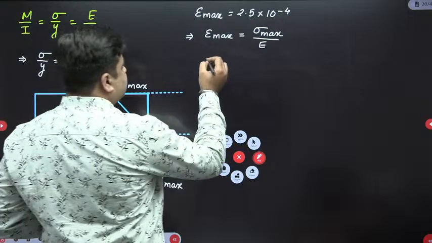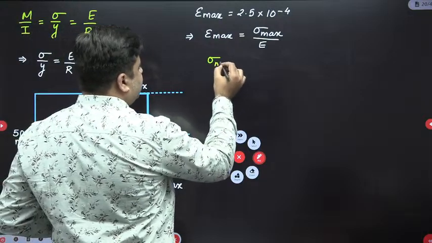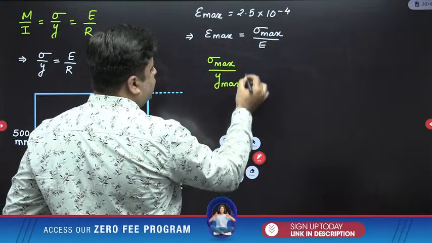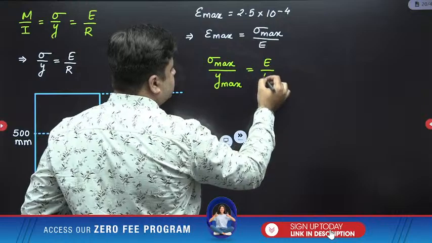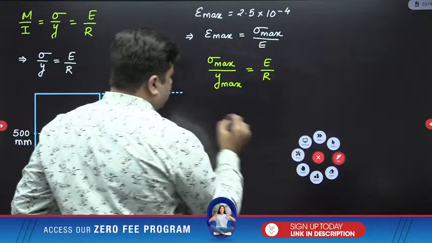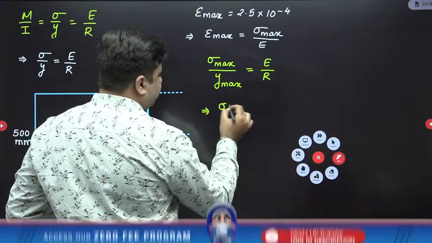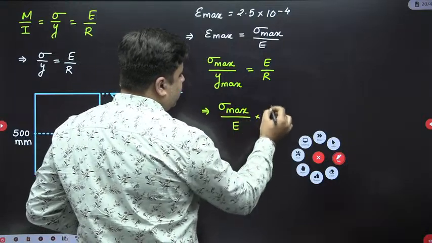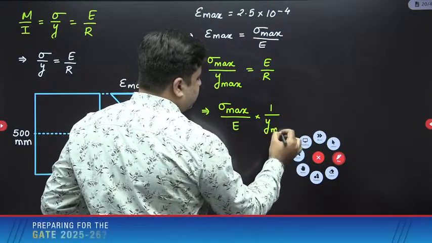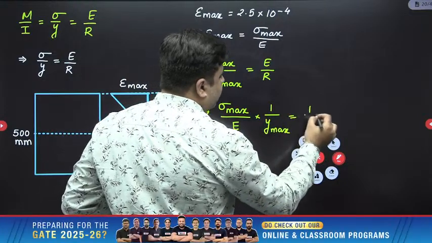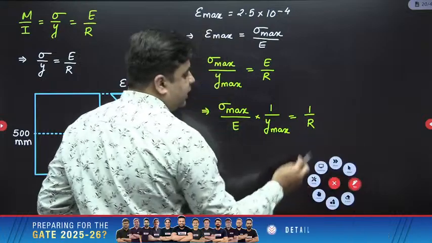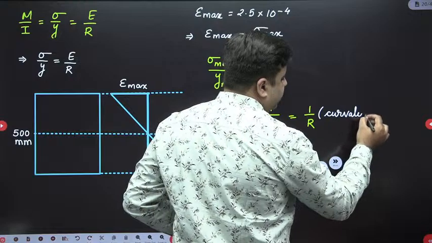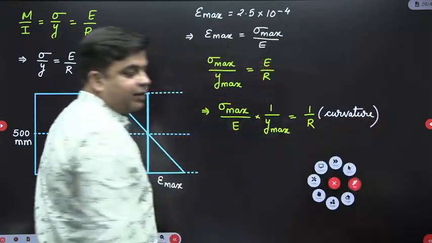So I can use this equation: sigma max upon y max is equal to E upon R. Just rearrange the terms. So you have sigma max upon E into 1 upon y max, which is nothing but 1 by R. And 1 by R is nothing but the curvature of the beam.